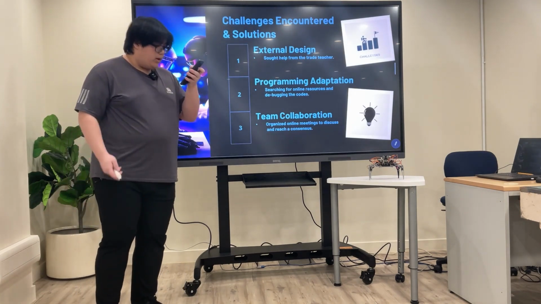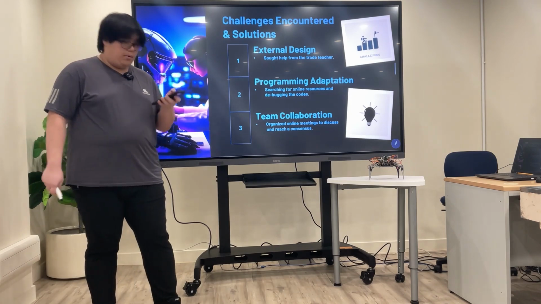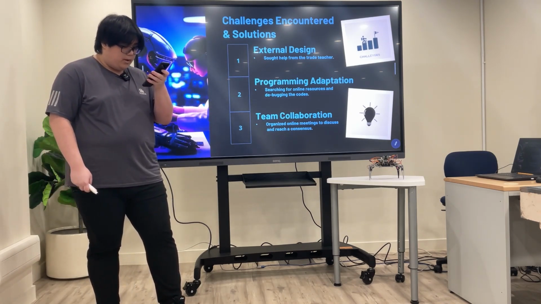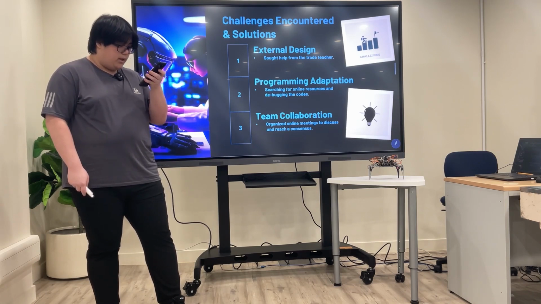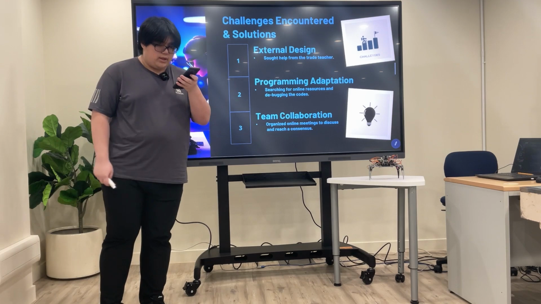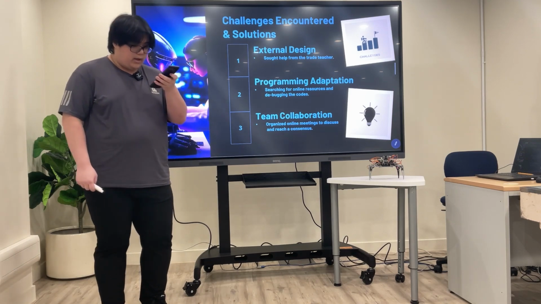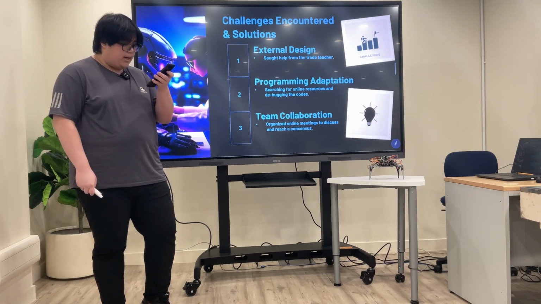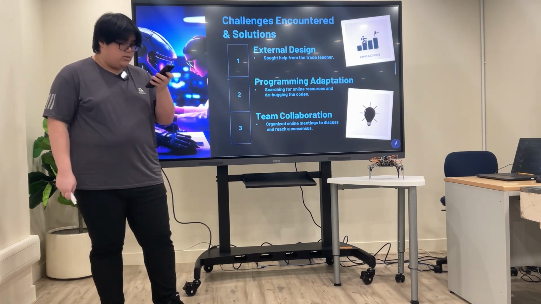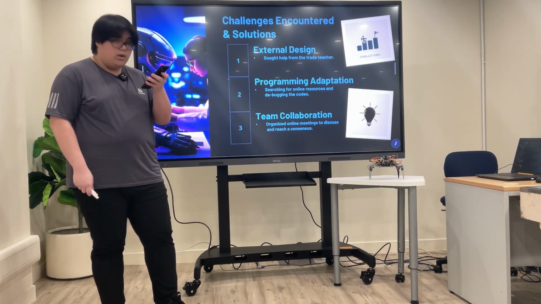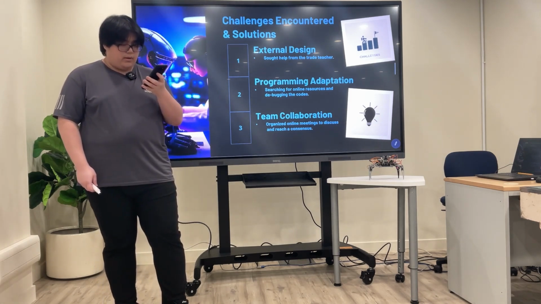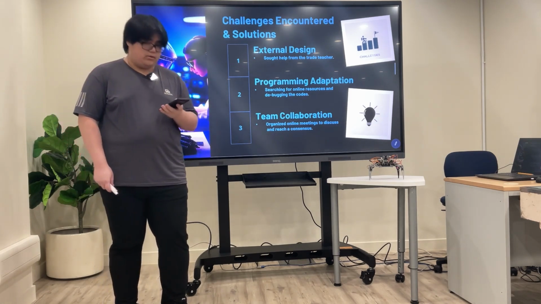And while we were working on the spy robot, we encountered a couple of challenges. First, we struggled a lot with the external design for the robot at the initial stage of our project. We sought help from the trade teacher, Mr. Chu, to tackle the challenge by using fiberglass for the robot's structure. Apart from that, we also faced an issue regarding the robot's control program, which kept crashing. We resolved this by searching for online resources and debugging the code.